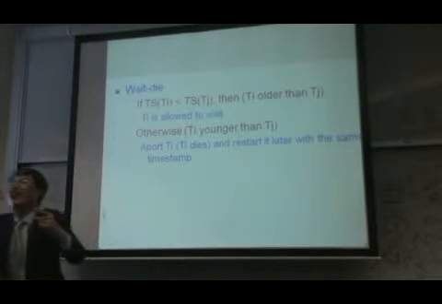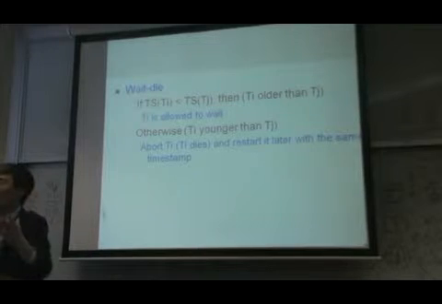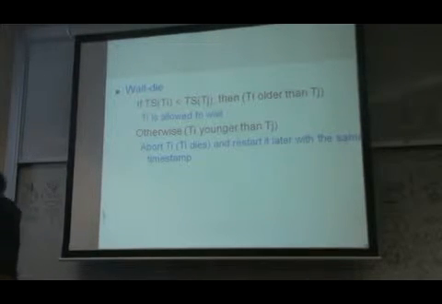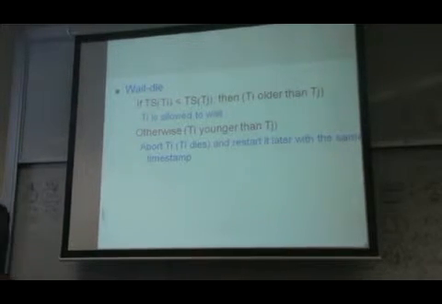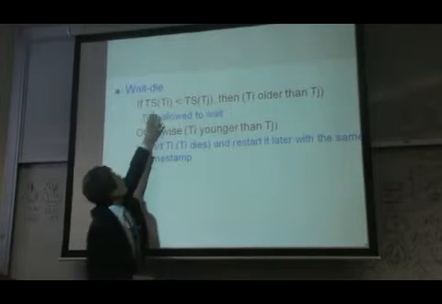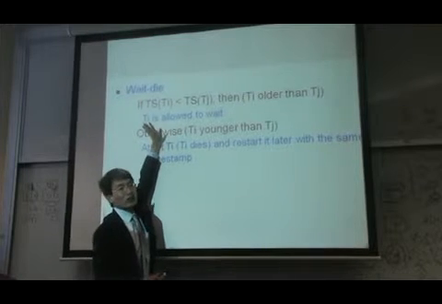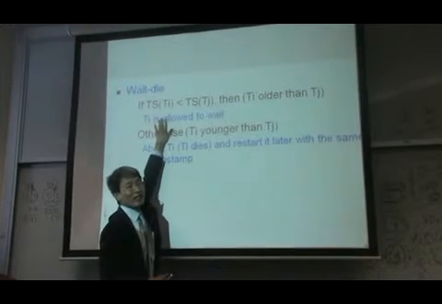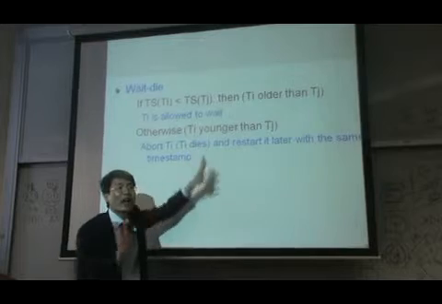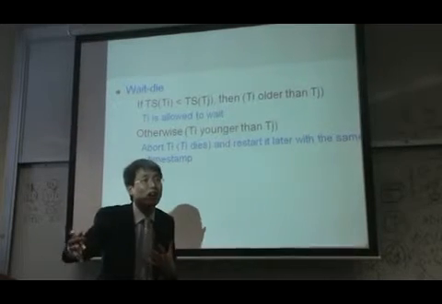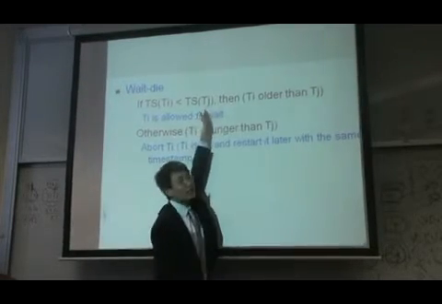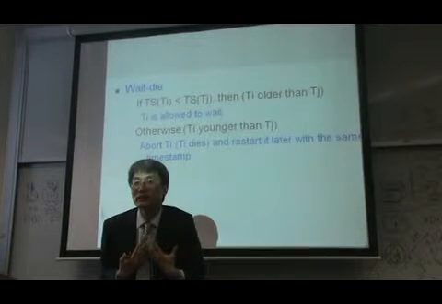One of them should die and another can wait. Only one item. At that time, who will wait? If TI requests first, yes, then this is the older one. The first started first. Then it still has the chance to wait for the data item. Then later TJ will get the chance.